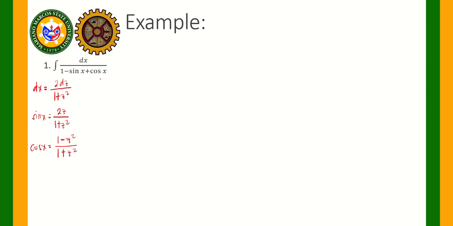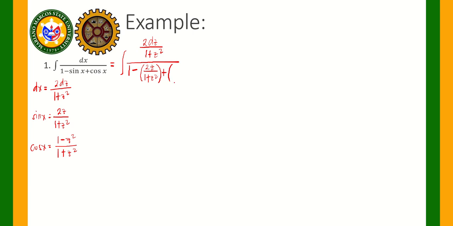So, let's input it here. This will be equal to, what is dx? 2dz all over 1 plus z squared. And then, 1 minus our sine x, that is 2z all over 1 plus z squared.